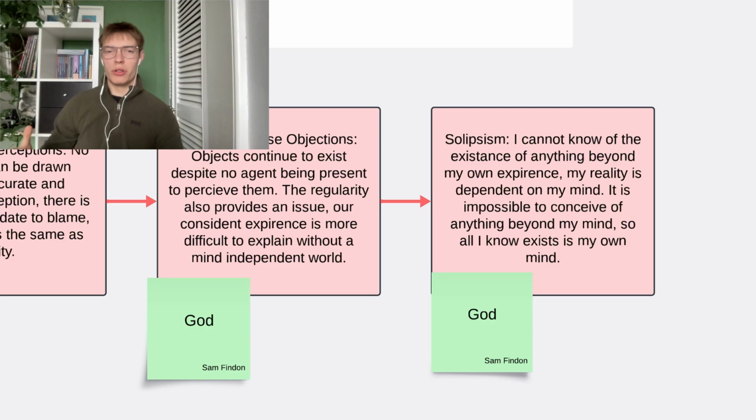We have no reason to extend the definition of God to being the perceiver of all things, as well as the divine being, the uncaused cause, however you like to define it. But to stretch it to the perceiver of all things doesn't make sense. We can't really justify that.